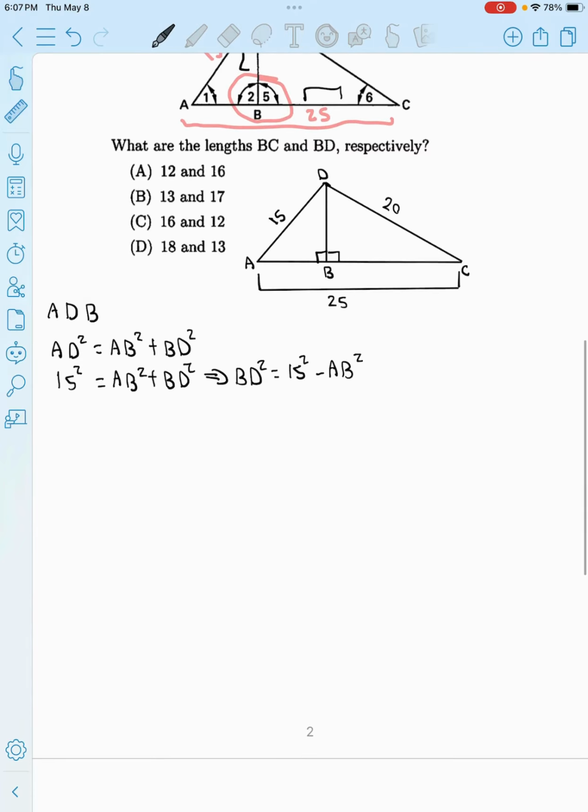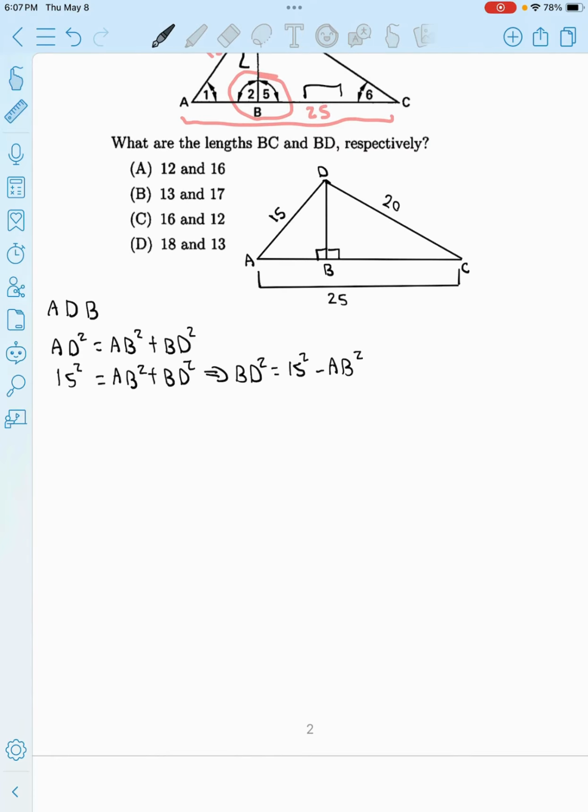Okay, for triangle DBC, we have to do the same thing. So we have the hypotenuse here, DC squared equals BD squared plus BC squared.